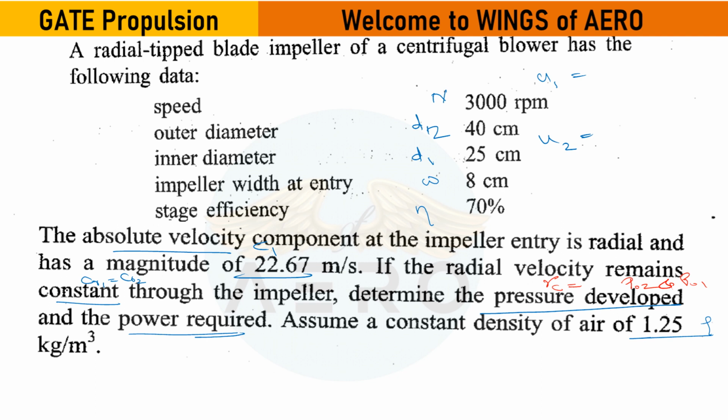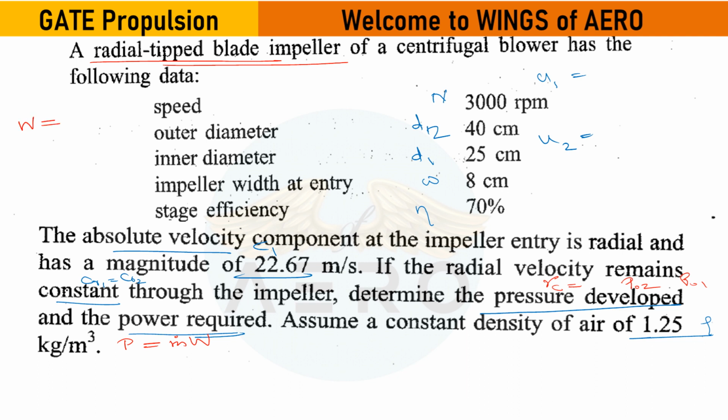Alright. Next, power required, P. What was the formula we have seen? Power required is, by the basic formula, mass flow rate into work done. As it is a radial tip, what is the condition we have seen for work done?